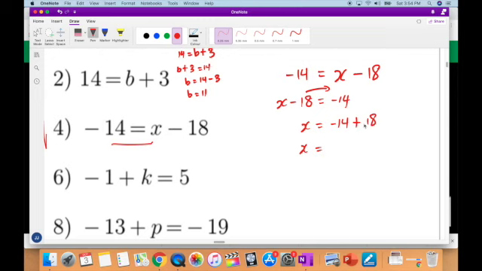So the difference between 18 and 14 is 4. And you keep the sign of the larger number. So the sign of the larger number is plus. So this is going to be a positive 4. And of course, this is the same as positive 18, negative 14.